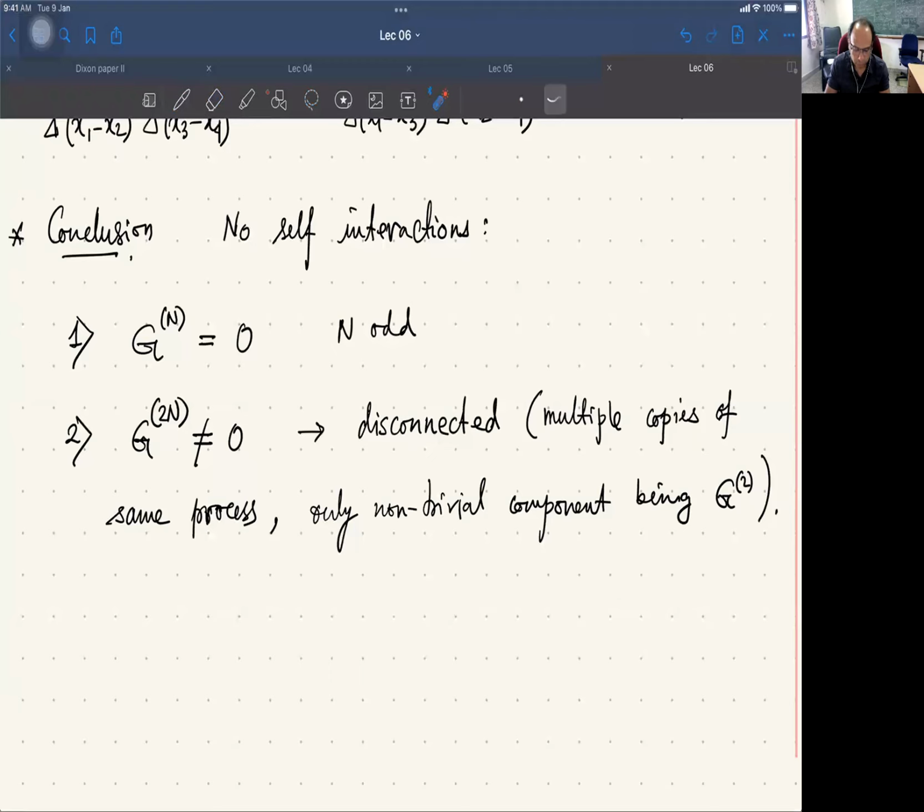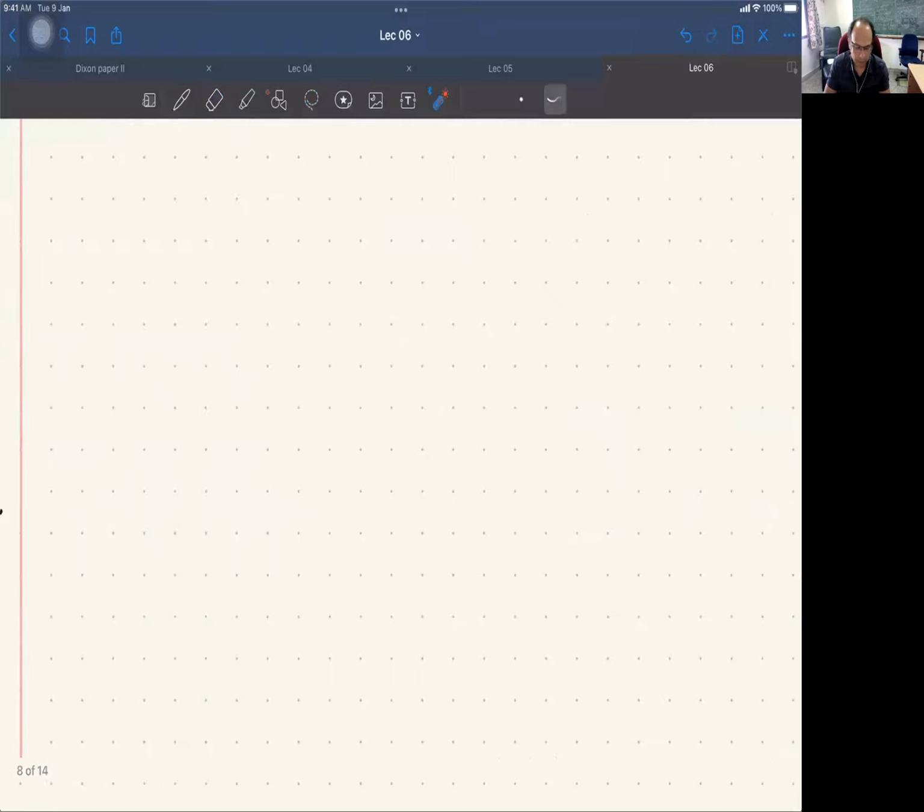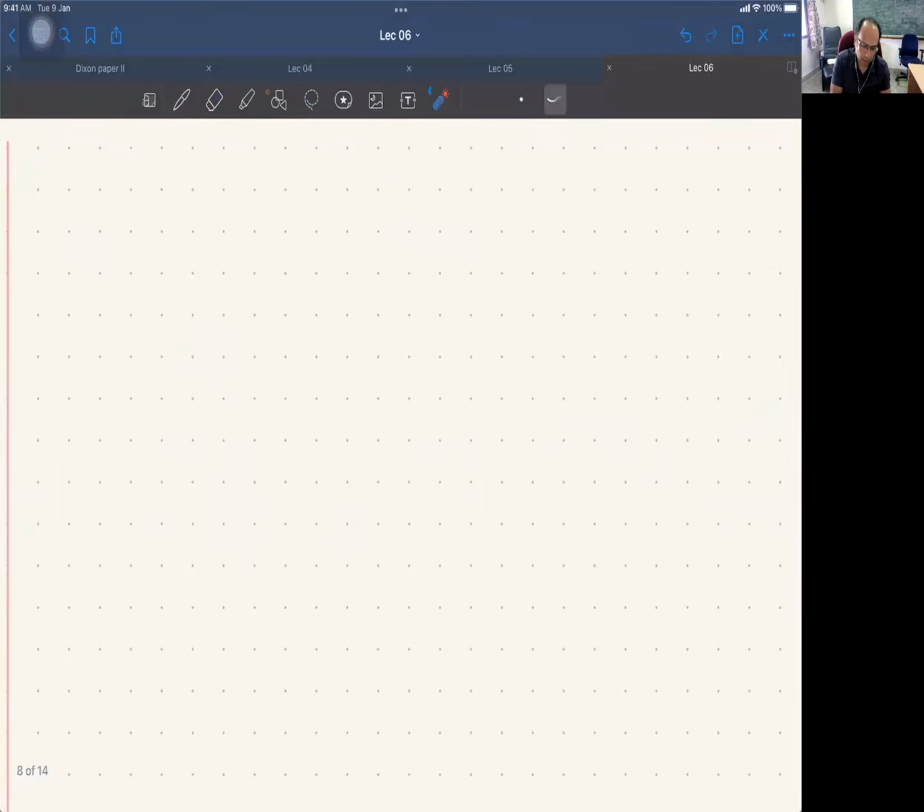So what we are going to do now is that in absence of backgrounds, we will define a theory by the complete set of n-point Green's functions. So that is our view. That is how we define a theory.